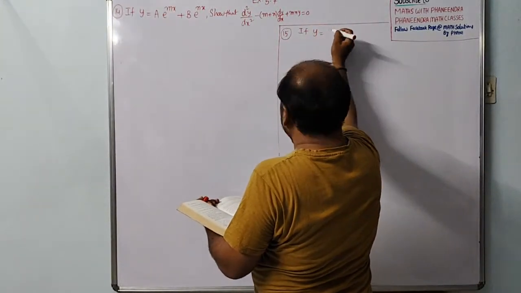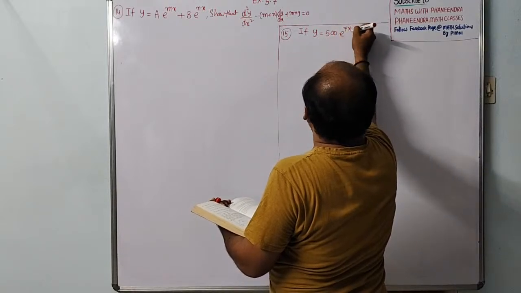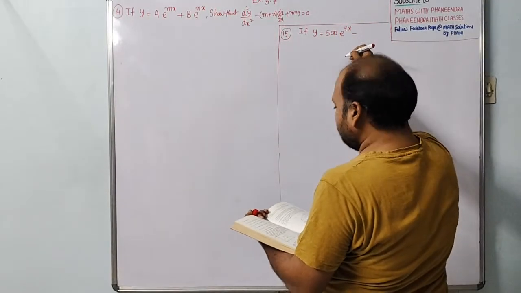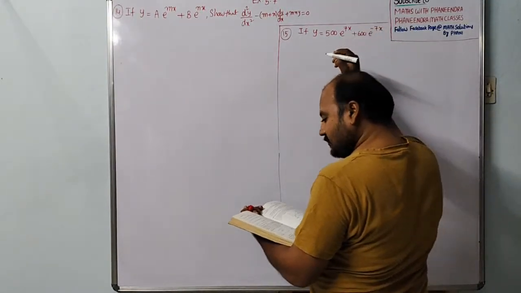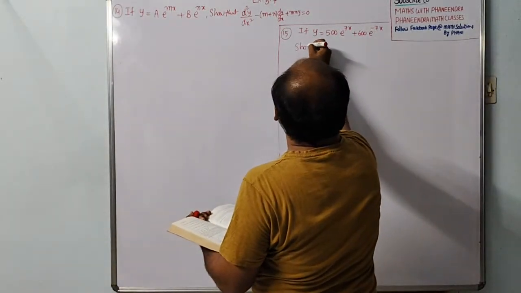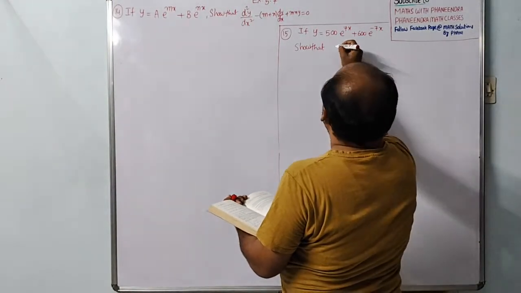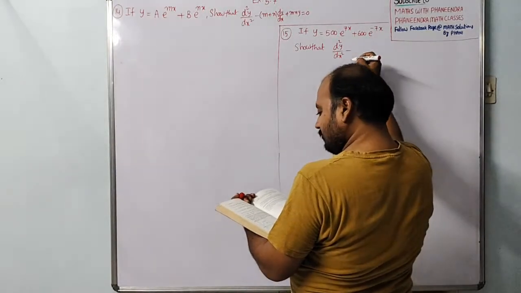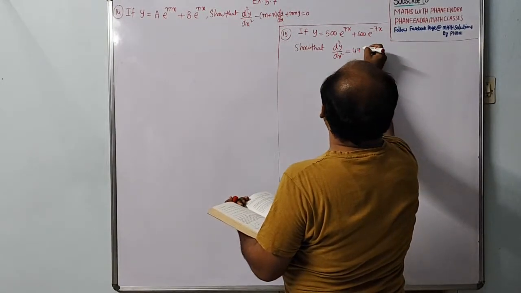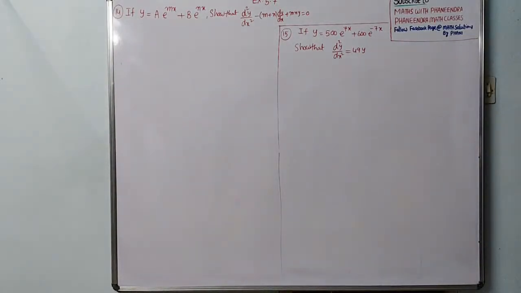If y equal to 500 e power 7x plus 600 e power minus 7x, then show that d square y by dx square is equal to 49y. So they are asking to show these two results, dear students.